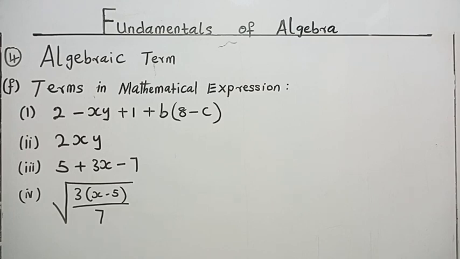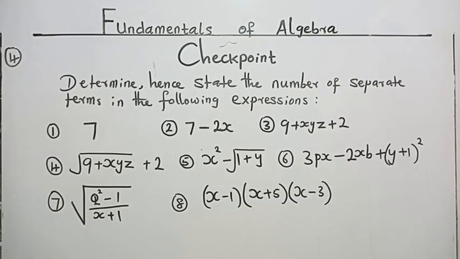Alright, the time has come for you to check if you have been following what I've been saying from the start of this section till this point. And here comes the checkpoint. It says determine, hence state the number of separate terms in the following expressions. We just have 8 expressions. 1, just 7. Tell us how many terms there are in it. 2, 7 minus 2x. 3, 9 plus xyz plus 2.